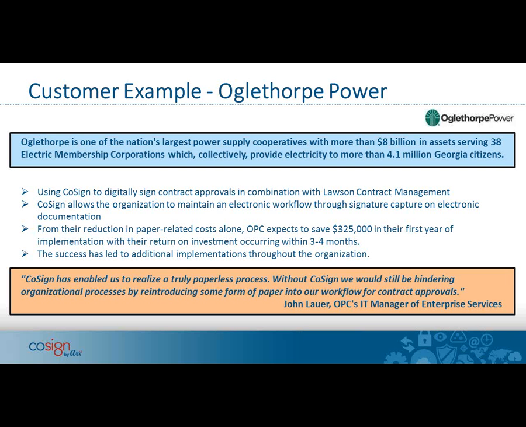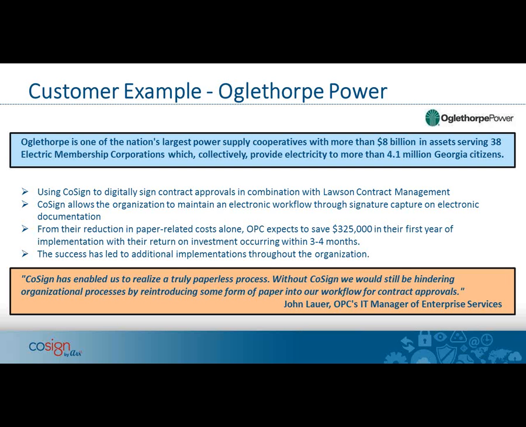Again, they had a paper-based process, and they were looking to go digital. So Cosign allowed the organization to maintain an electronic workflow to gather the signatures for these approvals and keep their electronic documents electronic.